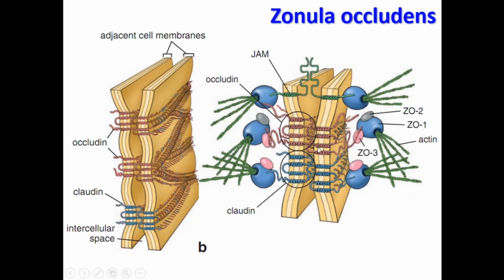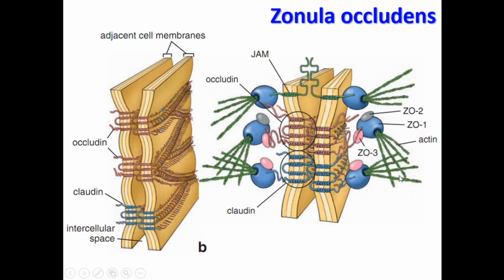And these proteins firmly attach or bring close two cell membranes, forming a very strong junction between the cells. From the cytoplasmic side of the cells, these proteins attach to the cytoskeleton with the help of other proteins like ZO1, ZO2 and ZO3, meaning zonula occludens 1, zonula occludens 2 and zonula occludens 3.